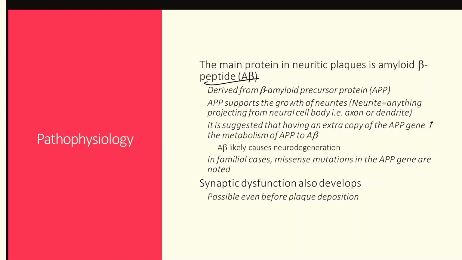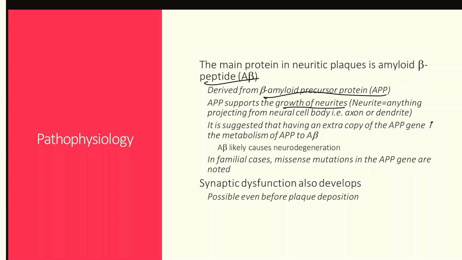Again, here's our major protein, that beta amyloid protein, derived from beta amyloid precursor protein. This APP supports the growth of neurites. A neurite is anything projecting from the cell body. That's what these proteins are there for. With the neurites, that's how we receive the information from surrounding neurons.